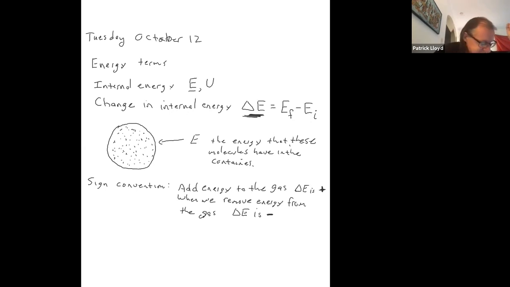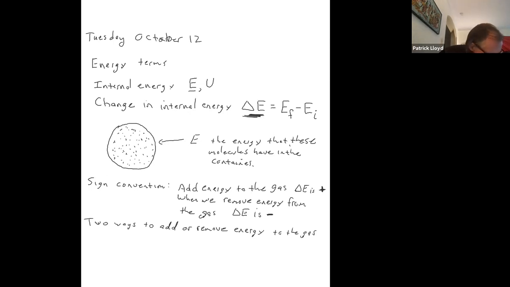That's a negative change in energy. In general, this is not completely the case, but in general we consider two ways of adding or removing energy from the types of systems we'll be interested in, which would be gases or chemical reactions, that sort of thing. So two ways to add or remove energy to the gas.